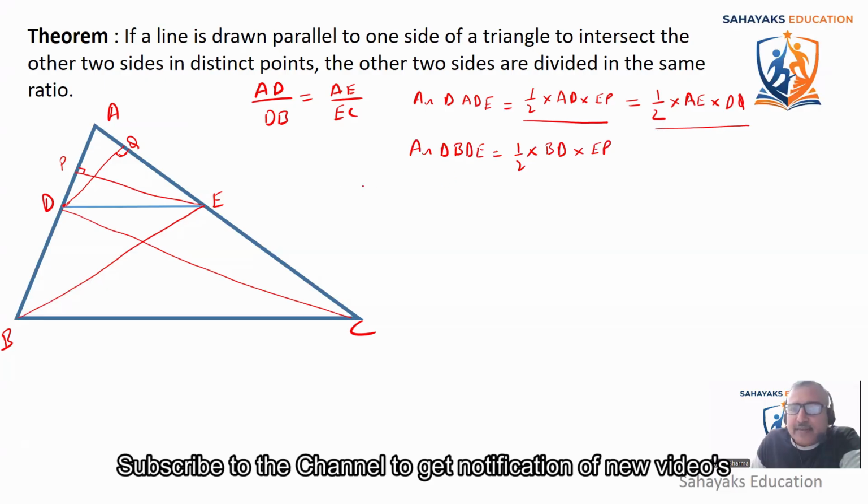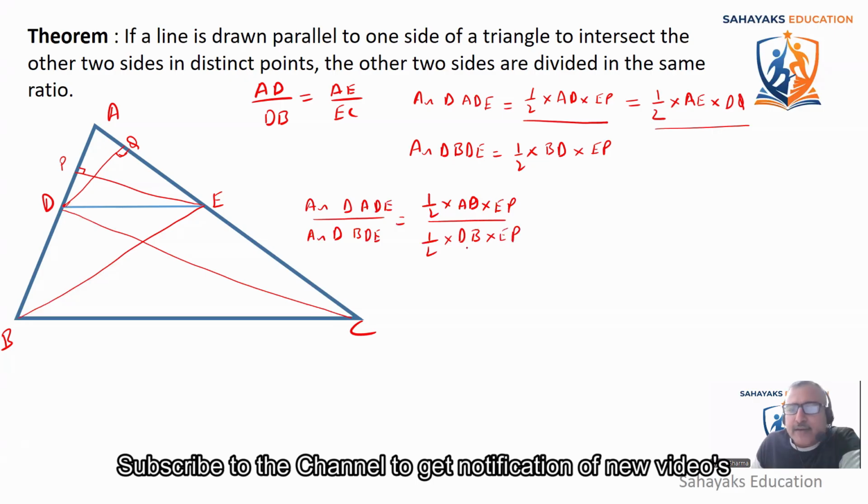So if I divide both the areas, the area of triangle ADE divided by the area of triangle BDE comes out to be half into AD into EP divided by half into DB into EP.